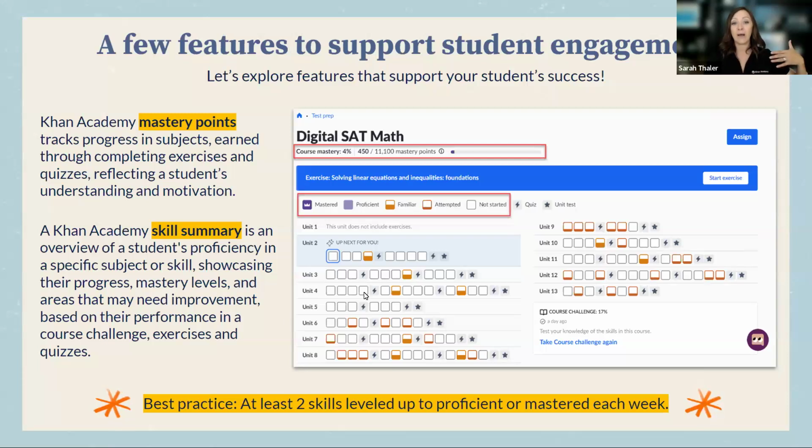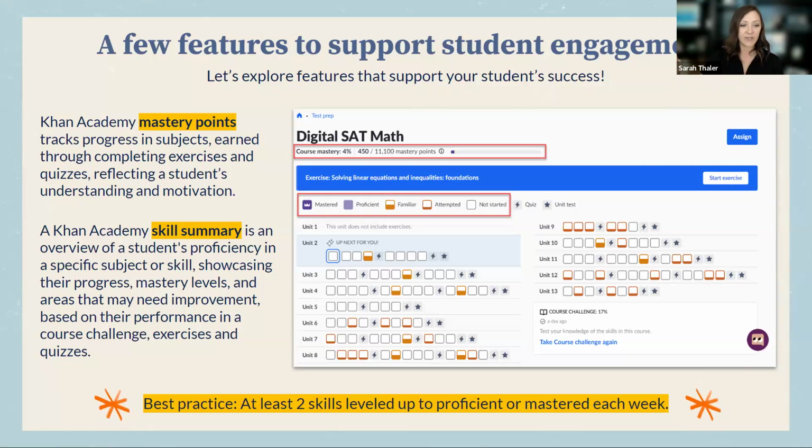And then if we zoom out of a particular unit, students are provided with a visual representation of their entire course. Students can see mastery points, which gives them their overall progress that they've made within that course. Or they can see this image, which is the skill summary. It breaks down their proficiency in each one of those specific skills. So each one of those squares that you see is a specific skill within the digital SAT math course, for instance.